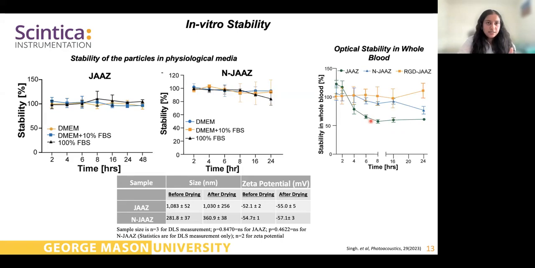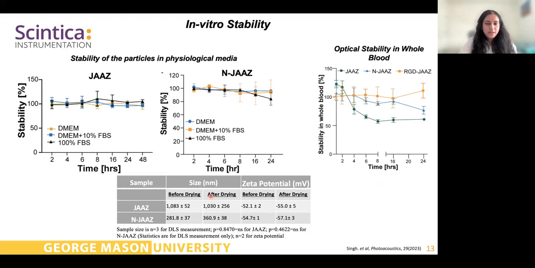The RGD JAS particles, which are coated with streptavidin and the RGD targeting molecule, remain stable for up to 24 hours. So this coating of the protein on top of the JAS particles really does give them stability in whole blood, which prevents their degradation. And we did expect this, and we were very happy with these results.